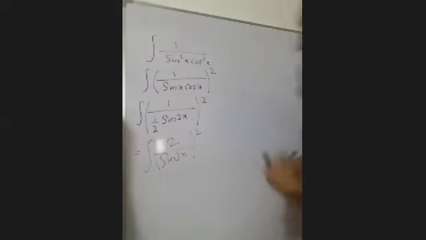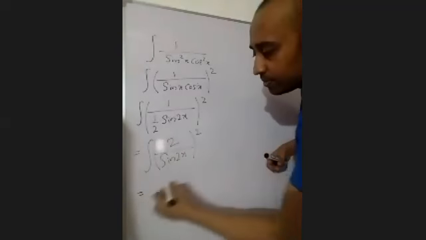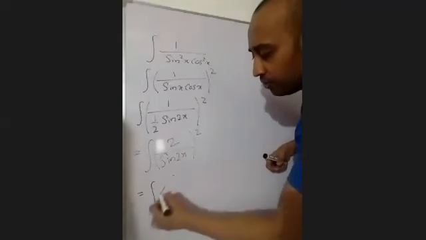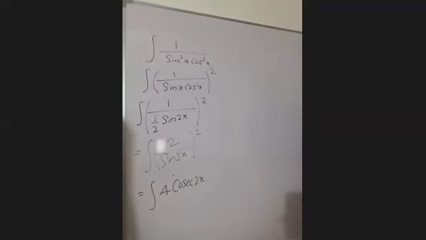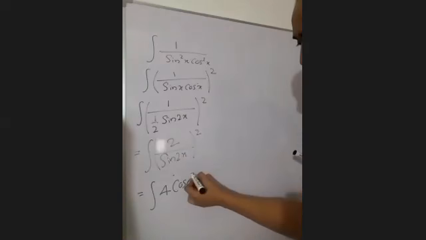Then this is the integration of 4 cosec 2x. 1 over sin 2x is cosec 2x. Sorry, this is cosec squared, because when I made the square, I forgot to square this part.